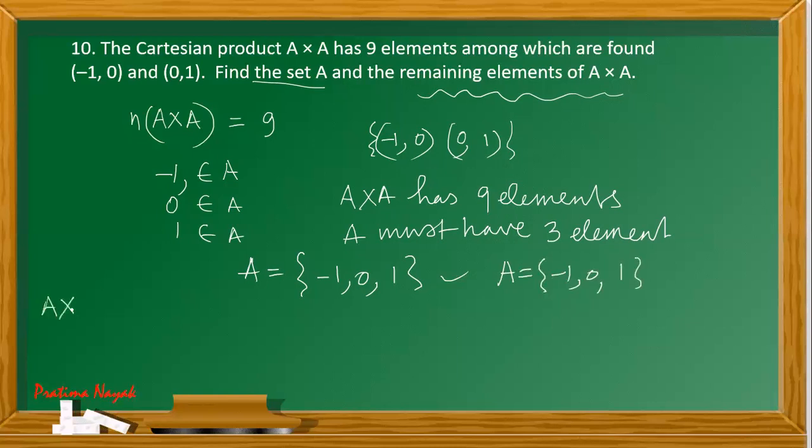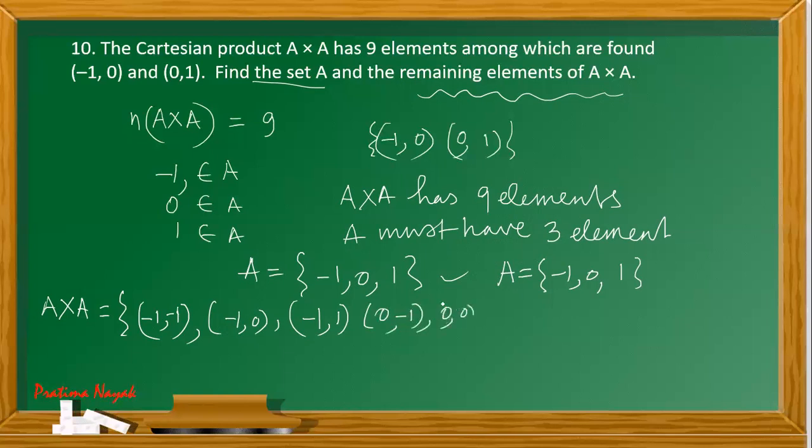So write down A cross A. How much will it be? -1, -1, then -1, 0, -1, 1, then 0, -1, 0, 0, 0, 1, then 1, -1, then 1, 0, then 1, 1.